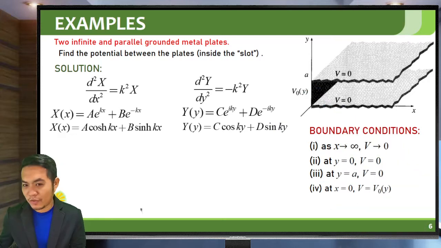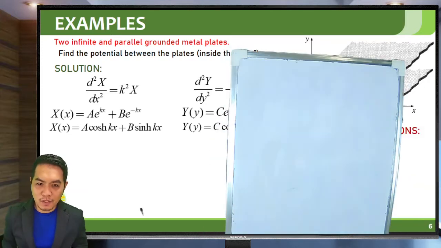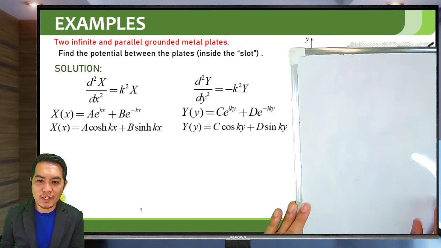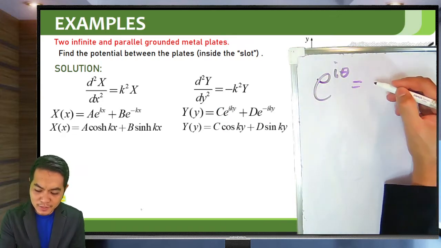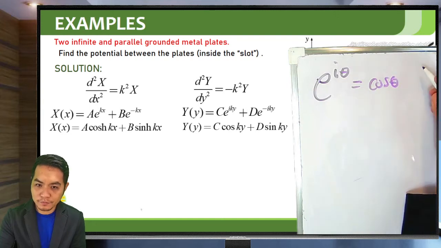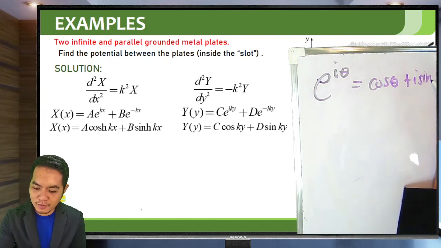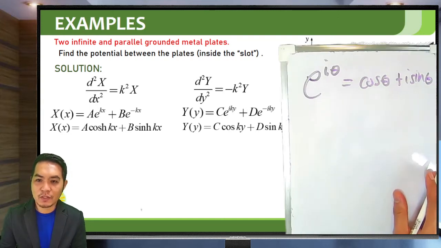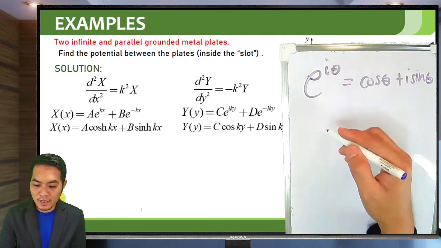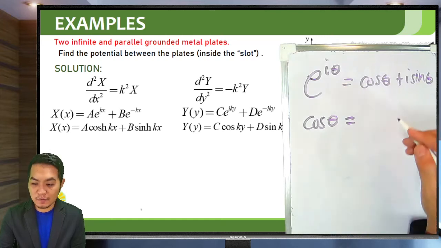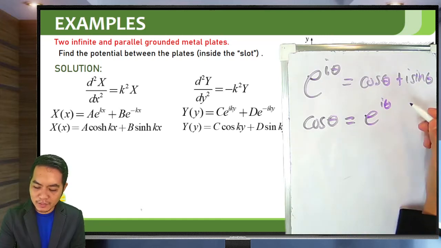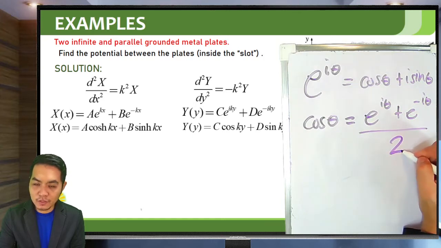So take note, if you will recall Euler's formula, you can actually write e to the i theta as cosine theta plus i sine theta. So that's Euler's formula. And cosine theta can also be written in terms of exponential. It's e to the i theta plus e to the negative i theta over 2.